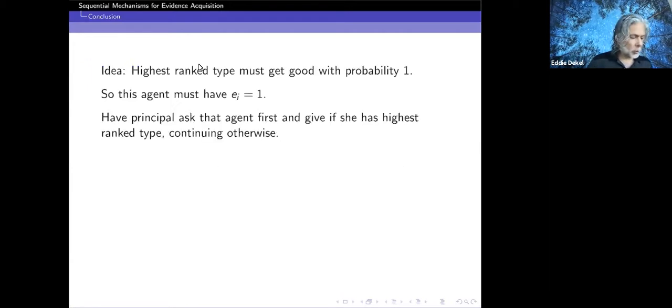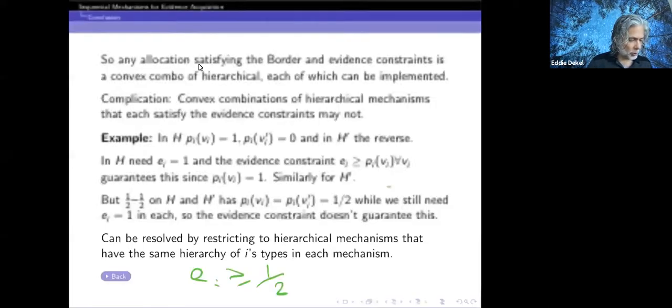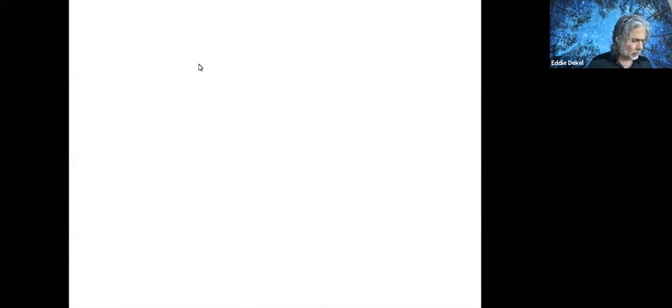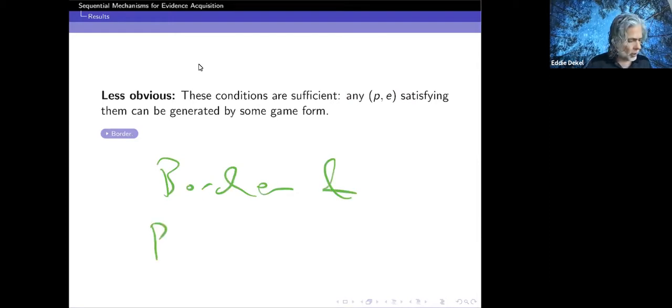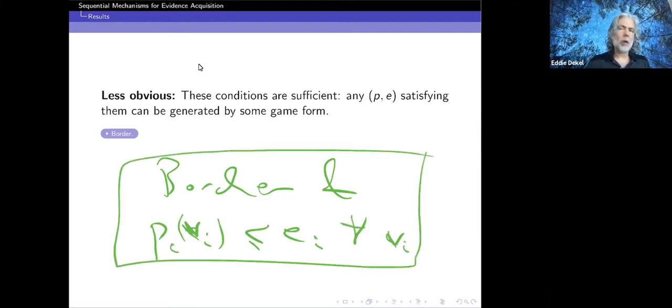Okay, so this was the detour that Bart didn't want me to do, so I will now go back. And this tells us why any PE satisfying Border and what I'll call the evidence condition, PI of VI less than or equal to EI for all VI, these conditions are the sufficient conditions.